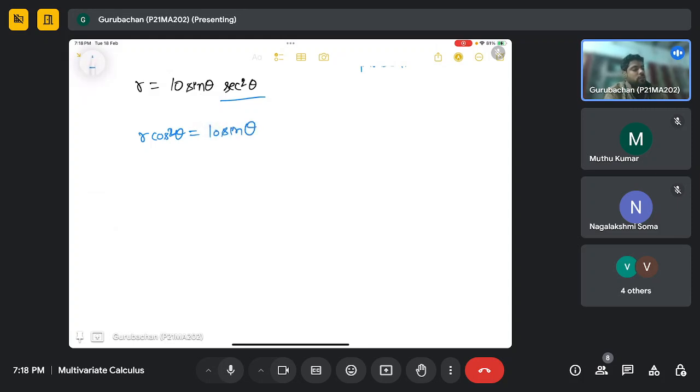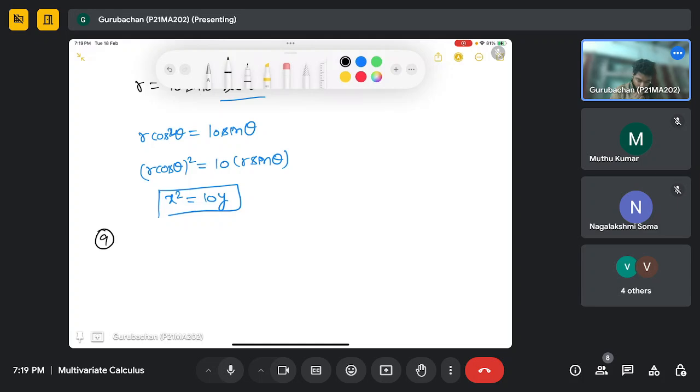So this is nothing but, again I'm writing in a short way, (r cos theta) whole square equals 10 times r sin theta, which is equal to, again, x square equal to 10y, which is the parabola. Okay. Now let me write the next question.